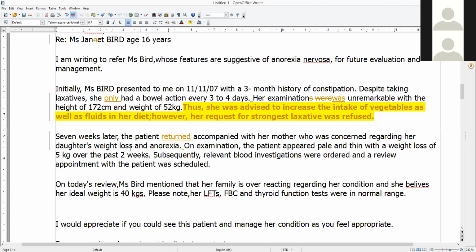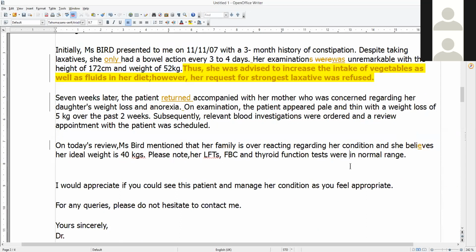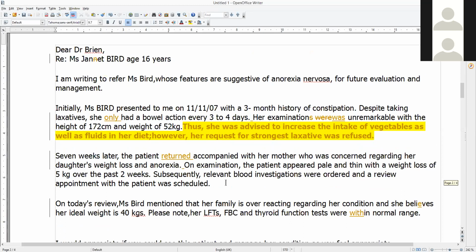Pale and thin, investigation, yeah, good. That paragraph's good. Today's review, her family is overreacting and she believes her ideal weight. This not too bad, yeah. Were in normal range, or within the normal range, or normal ranges. Appreciate you see this patient, conditions appropriate. That's pretty good, pretty good.